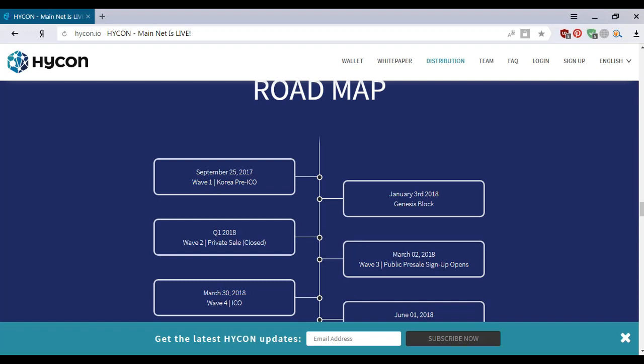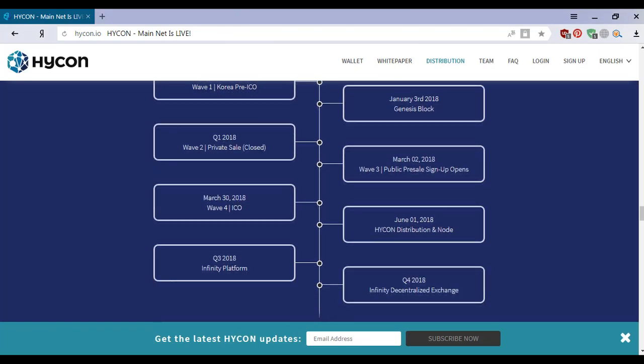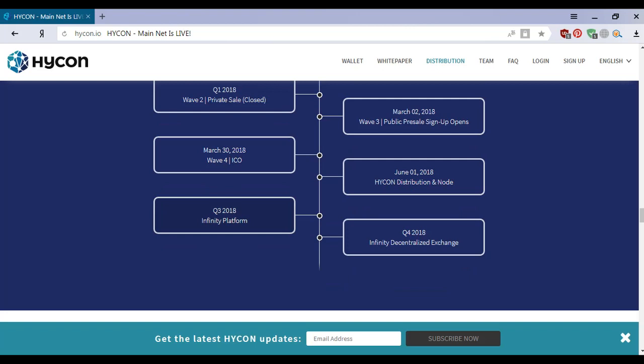So they started the project in 2017, on the 25th of September. It was the first wave, a pre-ICO. So now they are on the stage of the Infinity platform.